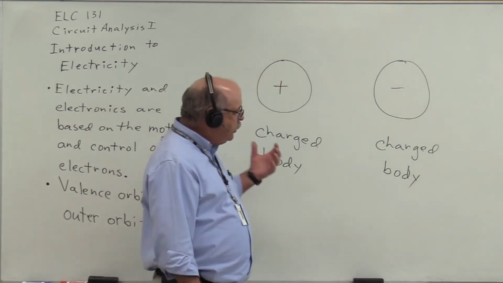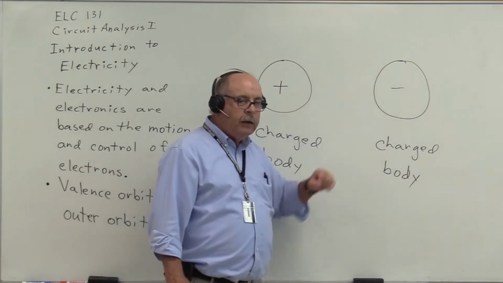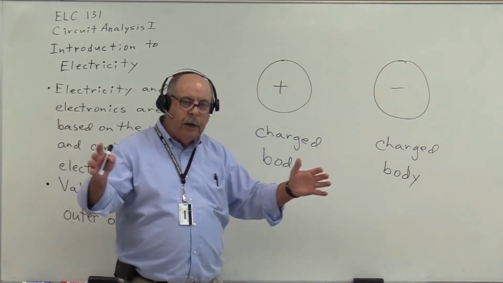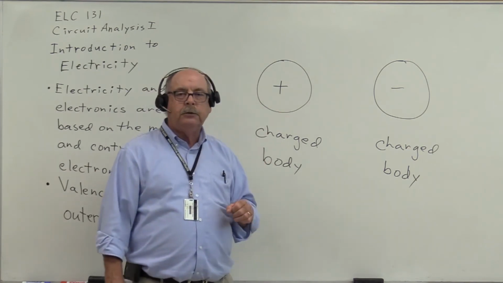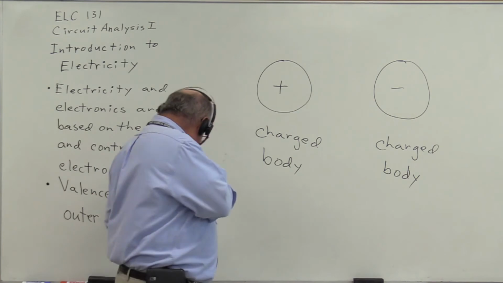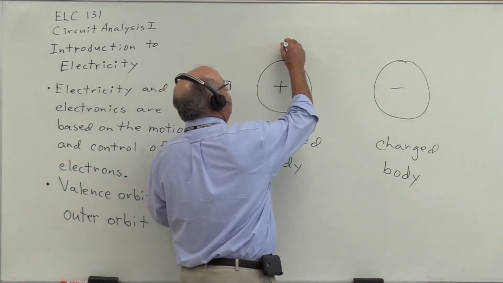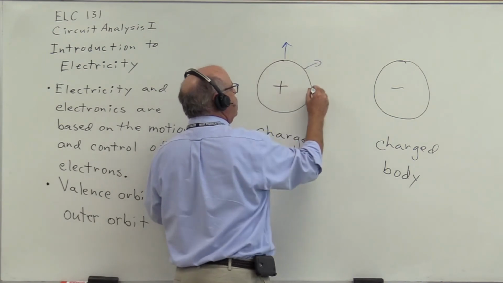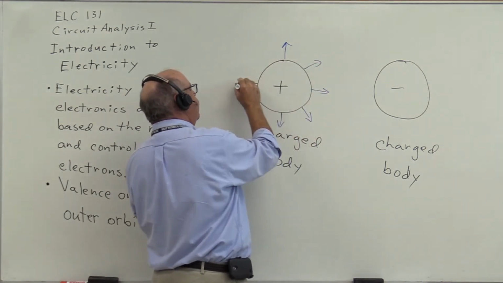Now, if we charge these bodies, we find that bodies that have unlike charges are attracted. Bodies that have the same charge are repelled. And why does this happen? Well, existing around these bodies are lines of force.